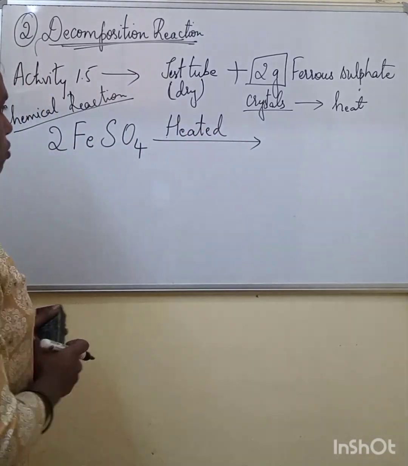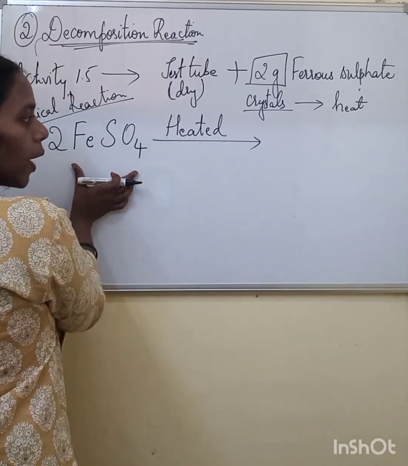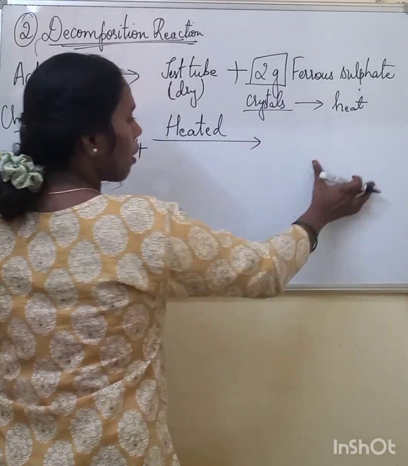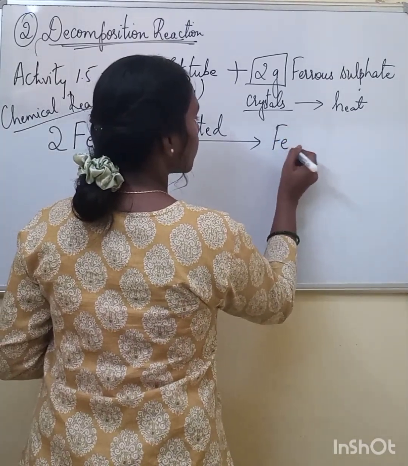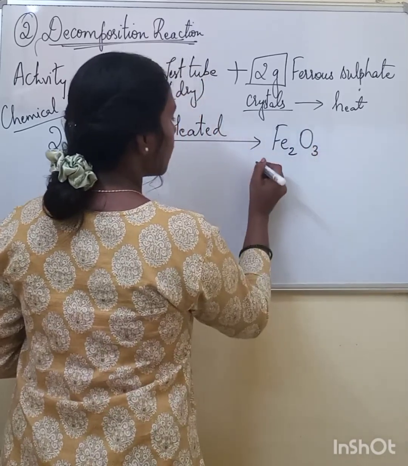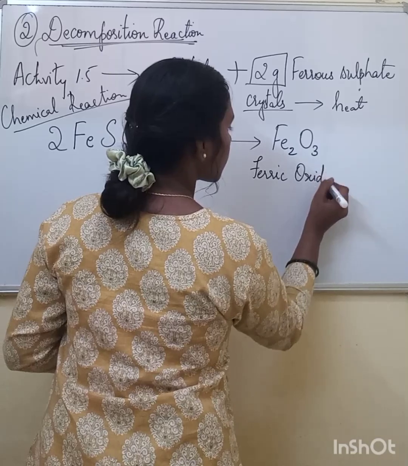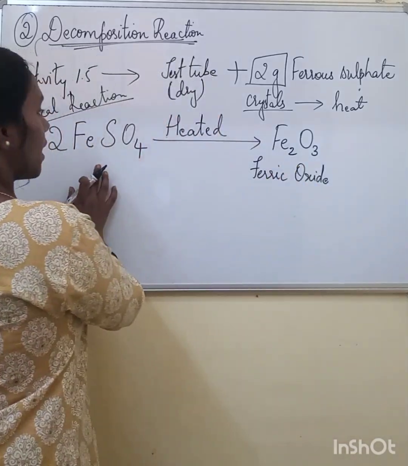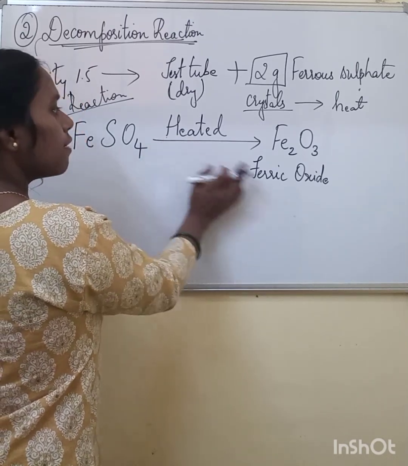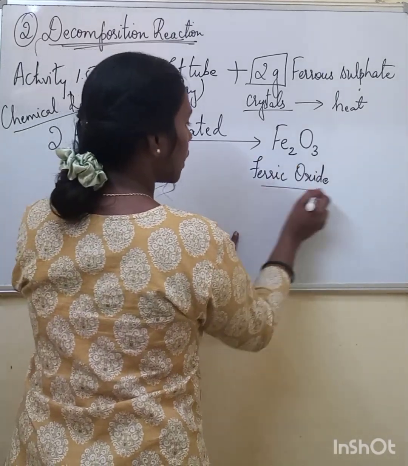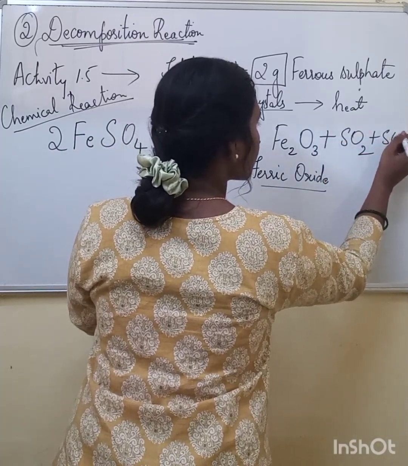So on heating, our ferrous sulfate, which is only one reactant, will give out some number of products. Fe2O3, which is ferric oxide. So FeSO4 crystals, that is ferrous sulfate crystals, on heating will give Fe2O3, that is ferric oxide, plus SO2 plus SO3.